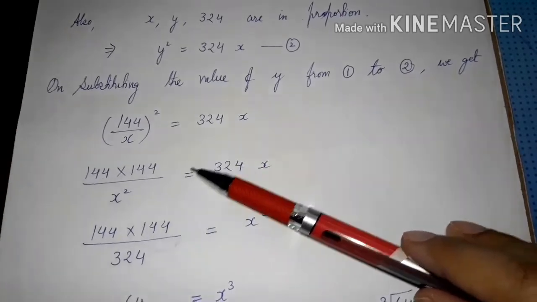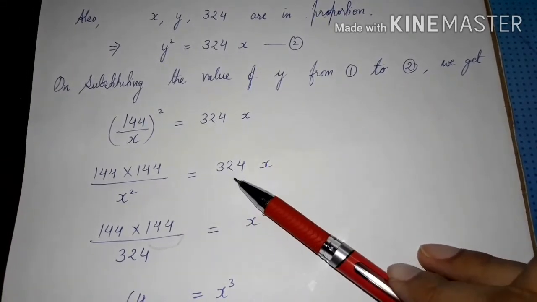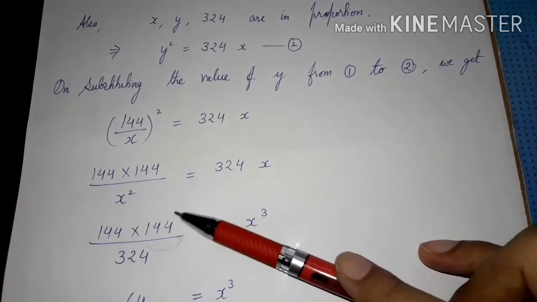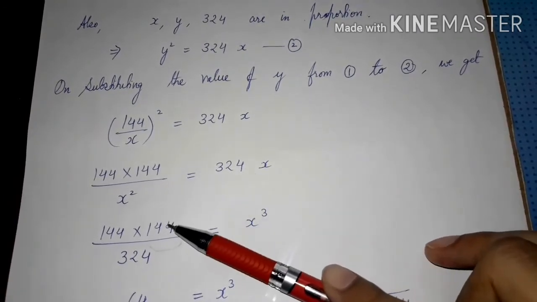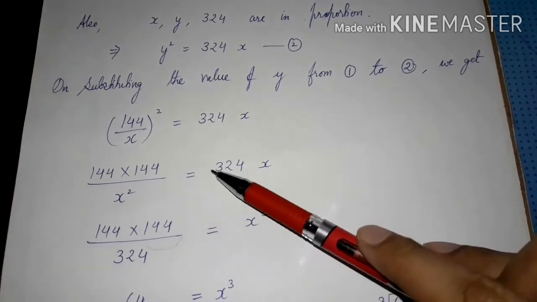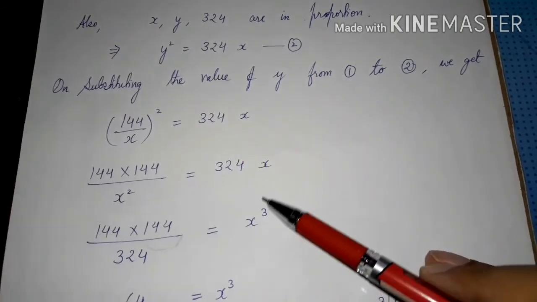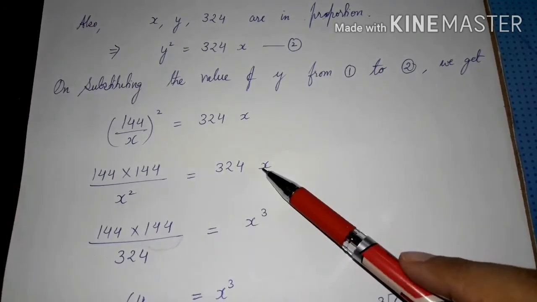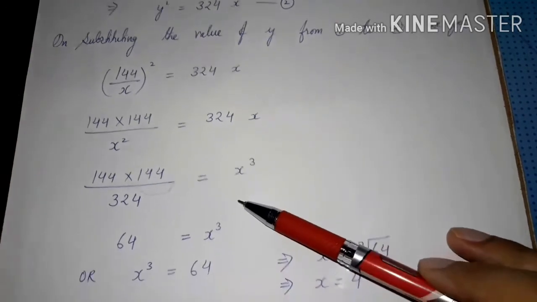So you can see that this will become 144 into 144 upon x square is equals to 324x. So all the x part, that means the variable part, can be taken together and numerals together. So 144 into 144 upon 324, because it will come to the denominator, and this x square will come to the numerator along with x. It will become x cube. Total x cube. So x cube is equals to 144 into 144 upon 324.